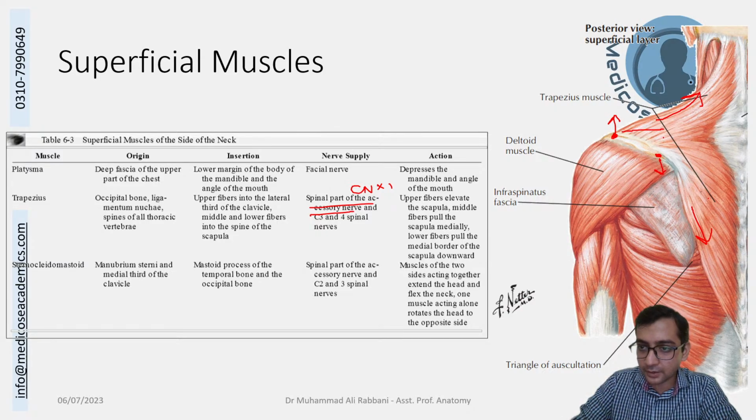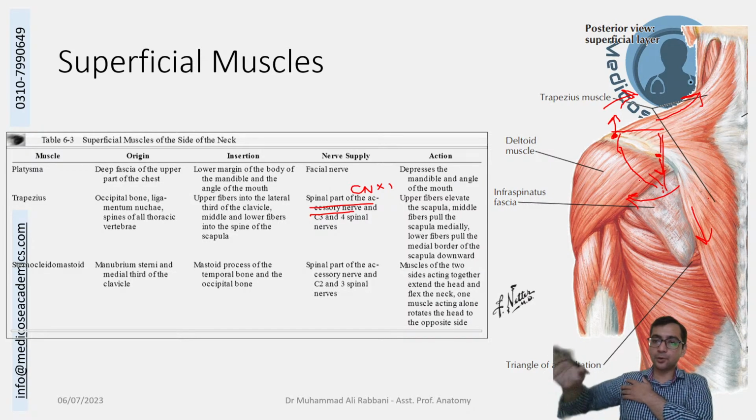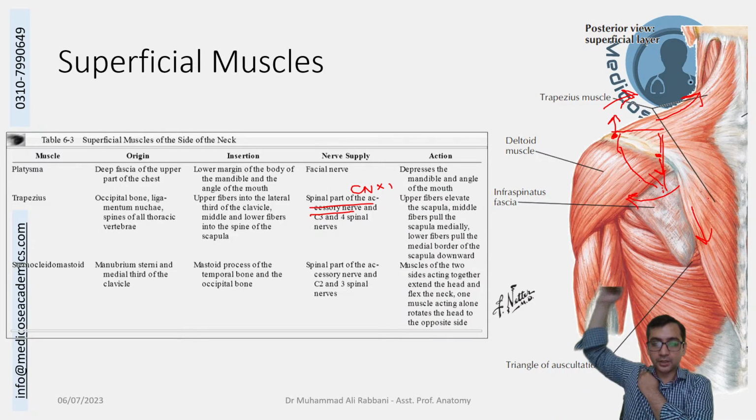So here is the scapula, roughly like this, and the glenoid will be somewhere here. So when this end goes down and that end goes up, it helps in the rotation of the scapula in this direction. It rotates the scapula, the upper end goes inside and the lower end goes outside. And it is helping you when you're doing overhead abduction.